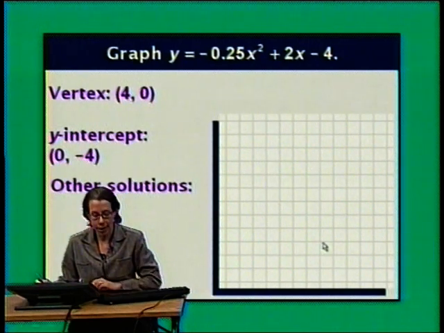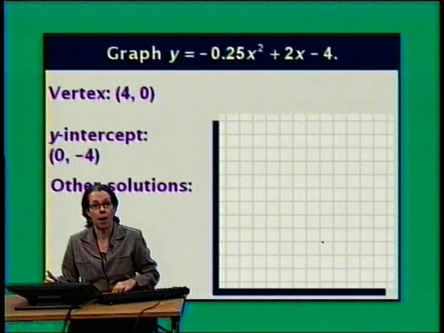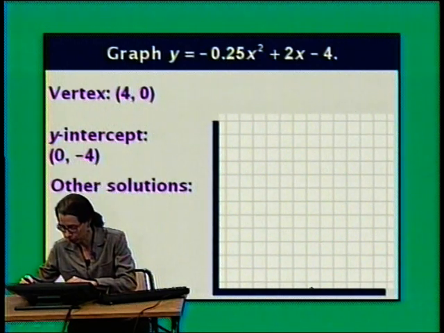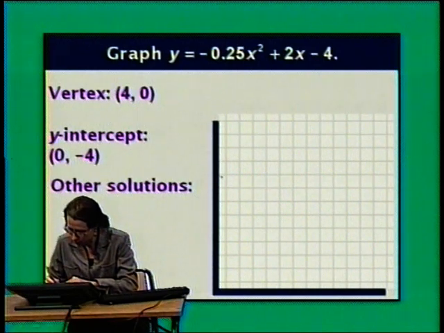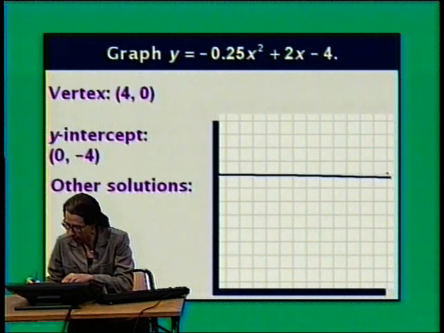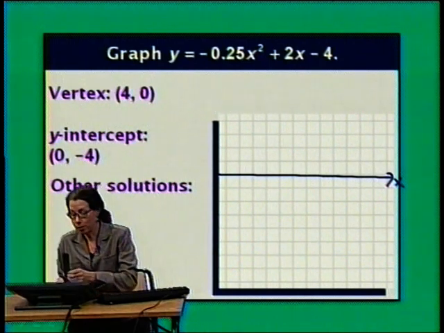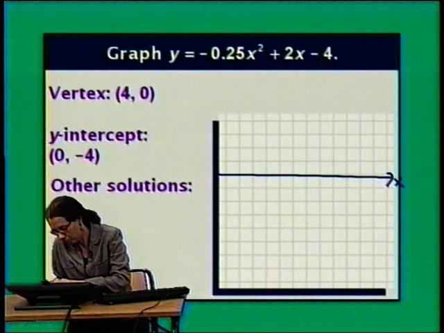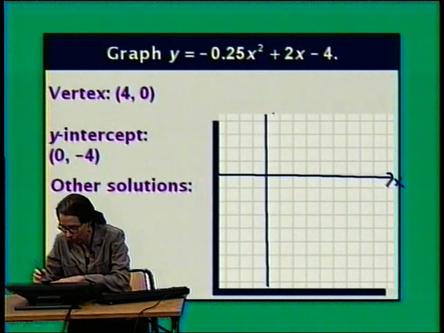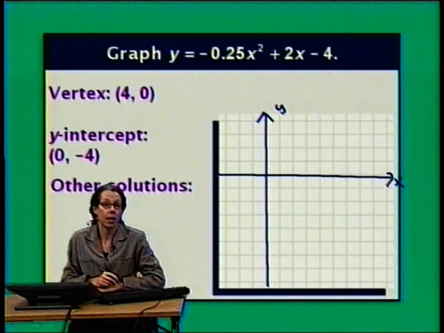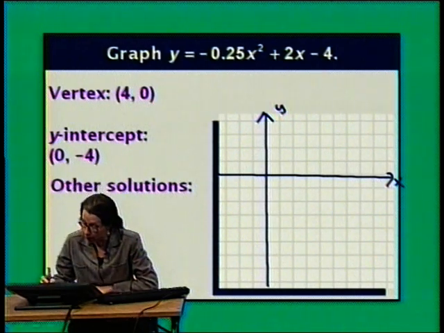So when I draw my axes, I'm going to want my horizontal axis high up on the paper, and my vertical axis over to the left. I'm just going to choose a scale of 1 on both axes in this case.